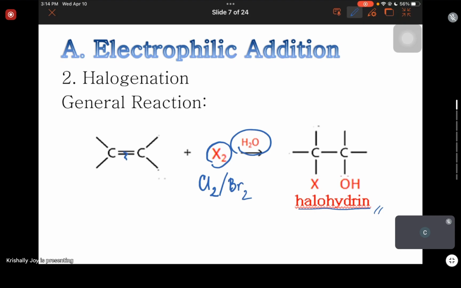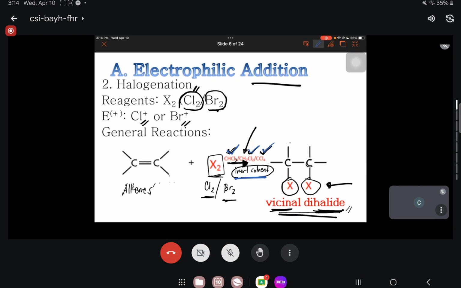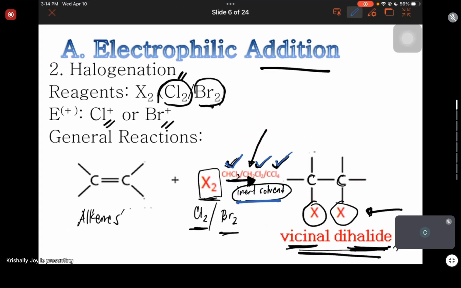Kasi after we break the pi bond, one of the carbon, yung reactive carbon, will be added with the halogen. Pero yung isang reactive carbon, it will be added with an OH, which is galing sa water. Kaya ang tawag halohydrin.